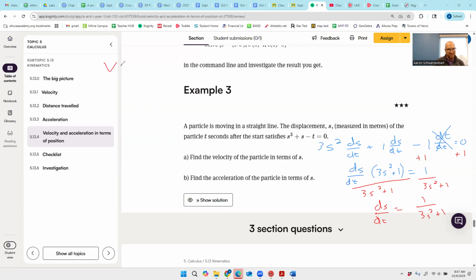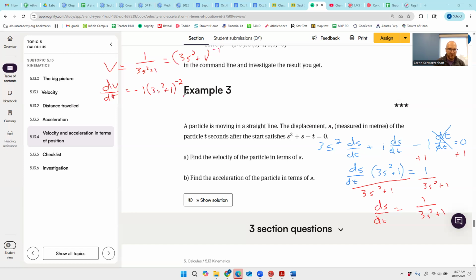So the next thing it asks is to find the acceleration of the particle, which means find the derivative of this, which for simplicity, I'm going to call it 3s squared plus 1 to the negative 1. So then I'll take the derivative dv/dt equals negative 1, 3s squared plus 1 to the negative 2.